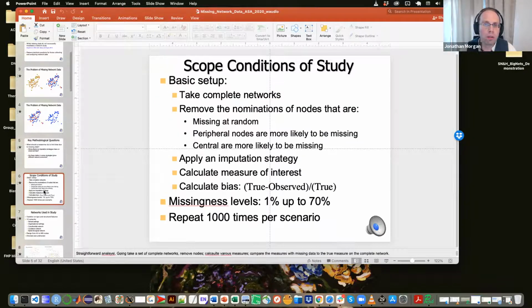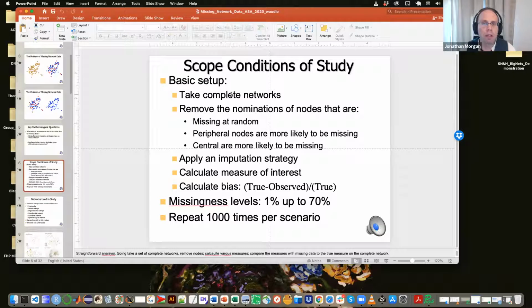So we took complete empirical networks. We then basically took nodes out. And this is a key thing I didn't talk about earlier, but I did talk about in my presentation: we had 3 instances where in one condition, we took nodes out and made them missing from the complete network at random.